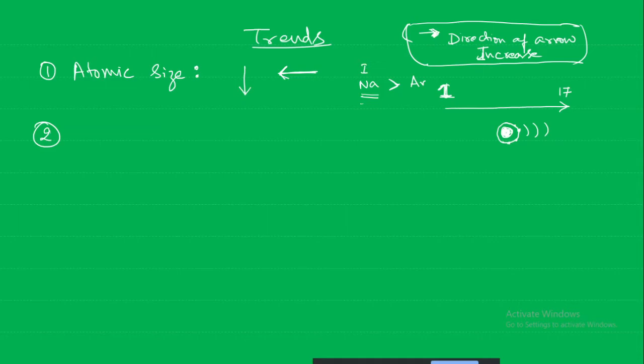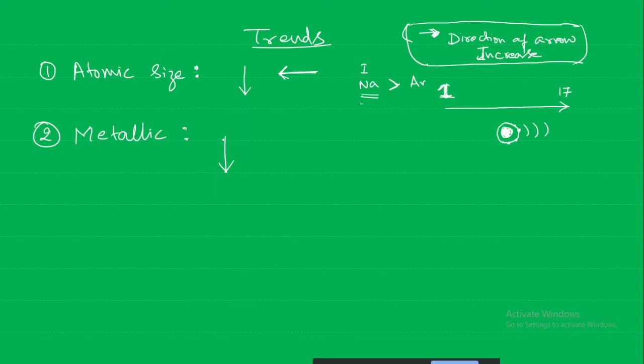Another trend is metallic nature. Metallic nature, down the group, will increase.